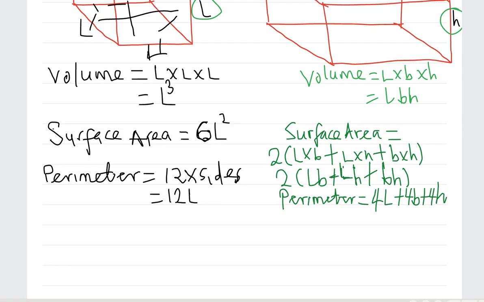You can see that it also gives us 12. So you can write it as 4 into bracket L plus B plus H. Are you seeing that now? So that is the formula for the perimeter of a cuboid.